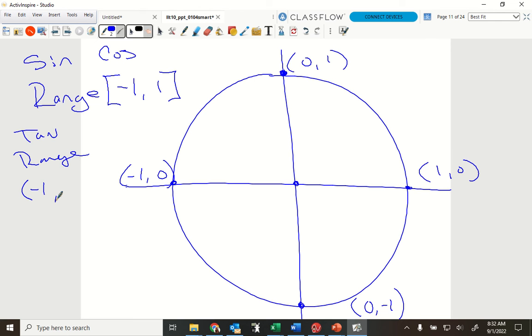Because what happens if I'm way down here at the bottom and I get 0? Then x is 0. Can x be 0? No. But it can go really close to it, though it can't be that number. So it goes from there, not including that number, up to +1.